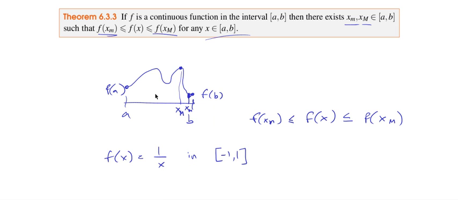So that means that this theorem cannot be applied to it. It doesn't have a maximum or a minimum. It's not even bounded. Close to 0, this function is going to go to plus and minus infinity, so any value that we can think of as the maximum or minimum is going to be discarded. So that's important, that the function has to be continuous.